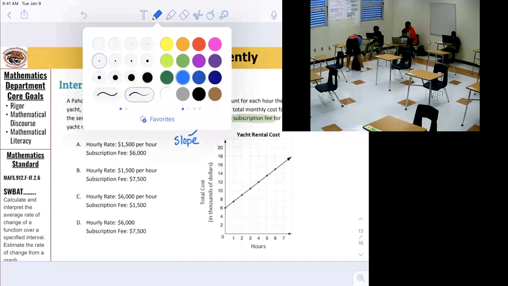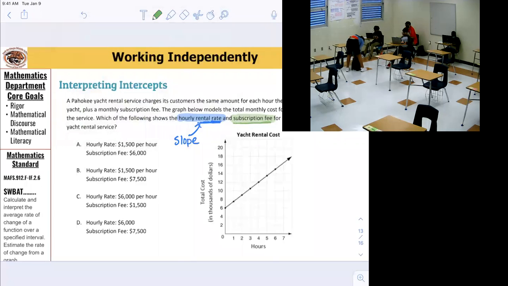And what about subscription fee? Do you think that would be the x-intercept or the y-intercept? The y-intercept. Exactly, because think about what a subscription fee is.